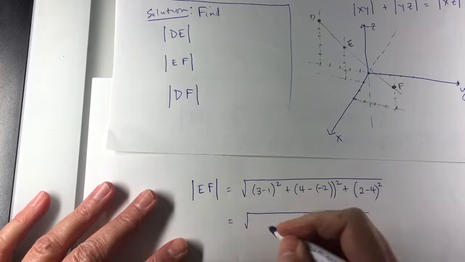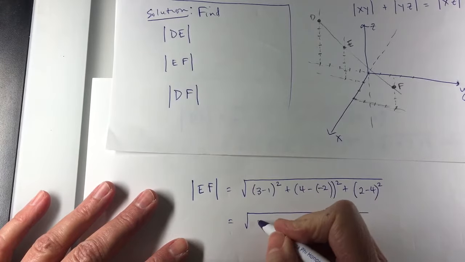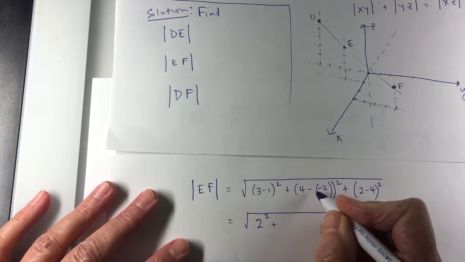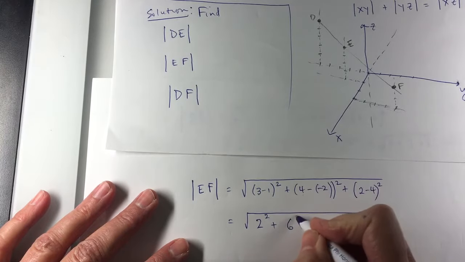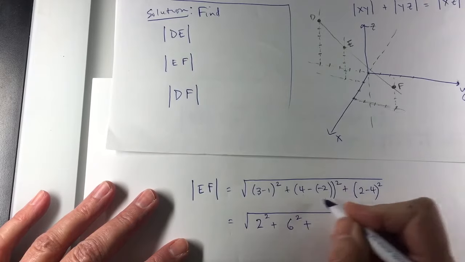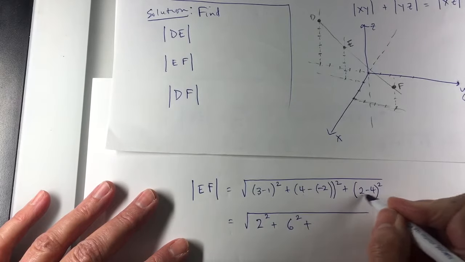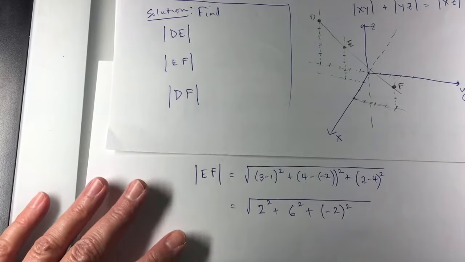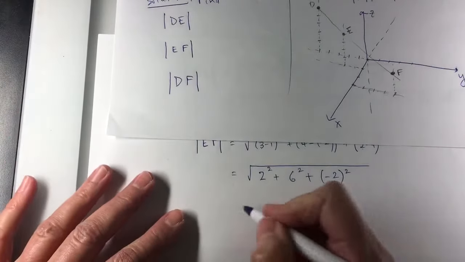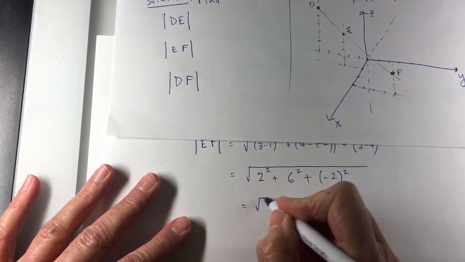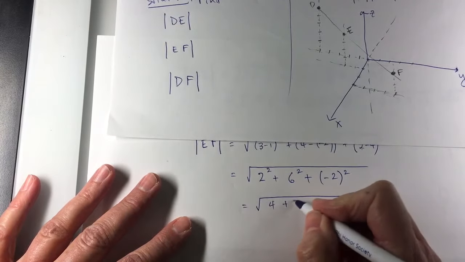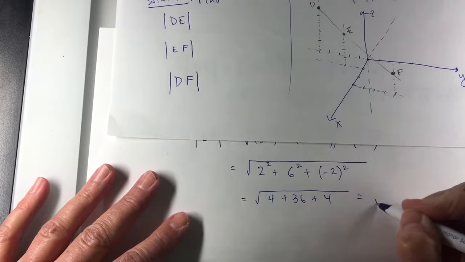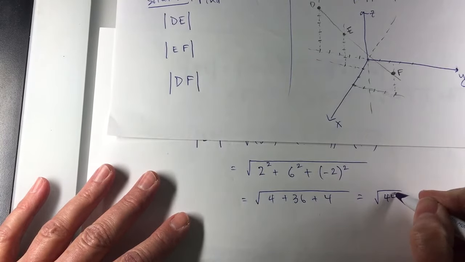So 3 minus 1 is 2, so 2 squared, and then 4 minus -2 is 6 squared. 2 minus 4 is -2, so -2 squared for that part. This will give me the square root of 4 plus 36 plus 4, and that will be the square root of 44.